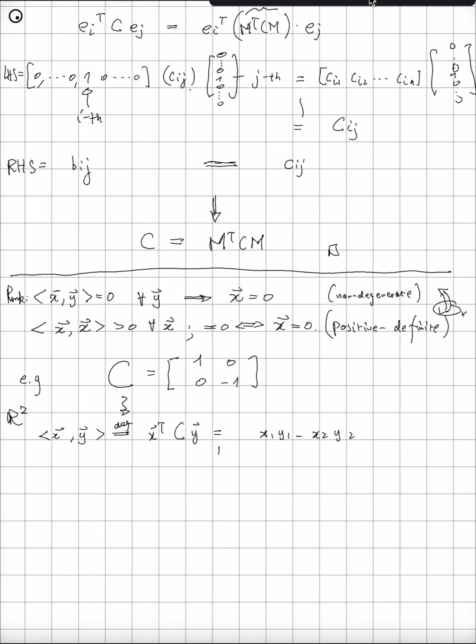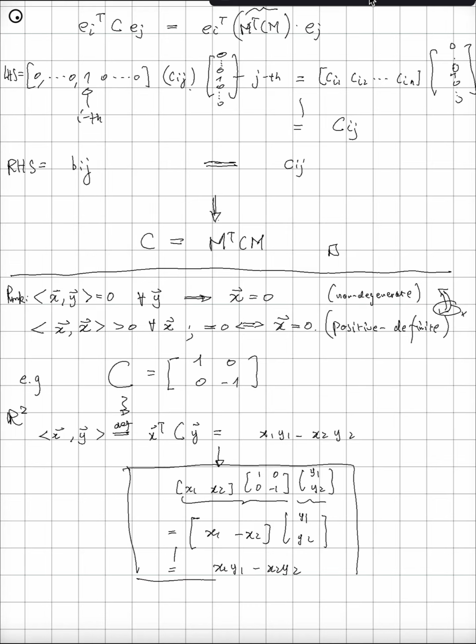So let's check this, because this is just x1, x2, and then 1, 0, 0, minus 1, then y1, y2. What you have is first row, first column, first row, second column, and then equals x1 y1 minus x2 y2, right?